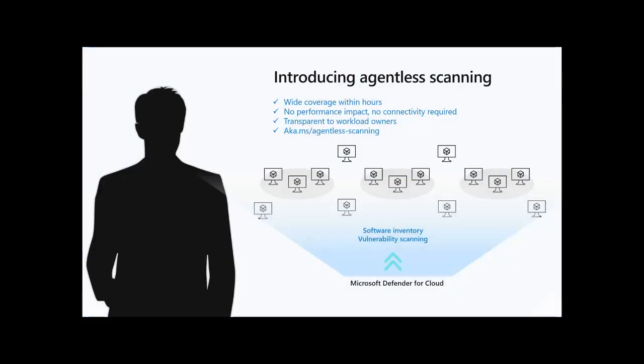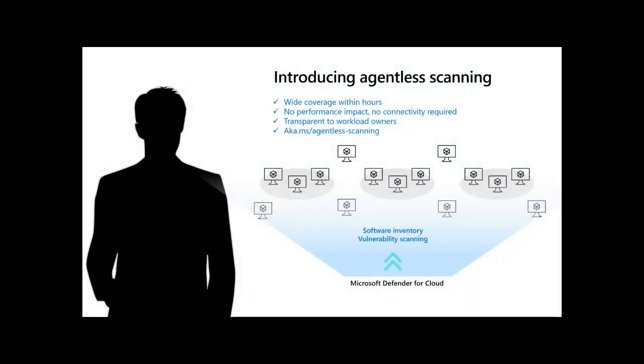Thank you, Bojan. Agentless scanning is also another announcement that we released during Ignite. Until now, Defender for Cloud based its posture assessments for VMs on agent-based solutions. To help customers maximize coverage and reduce onboarding and management friction, at Ignite, we've released agentless scanning for VMs to preview.